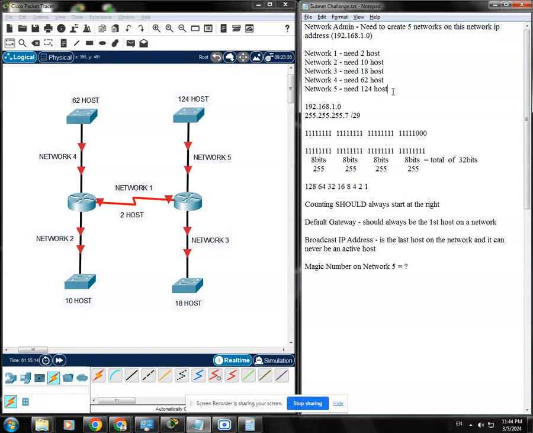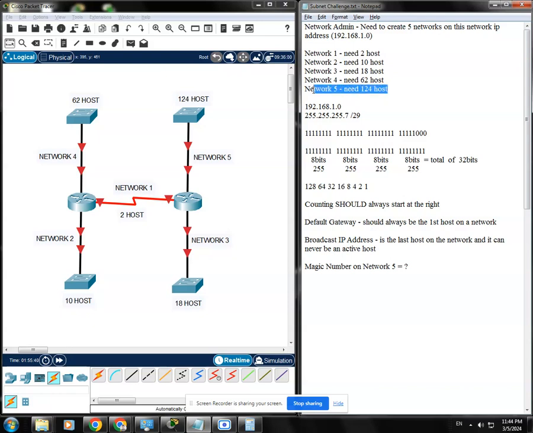So we need to add two additional hosts. Instead of 124, it will become 126, because it is important to include the network IP address and broadcast IP address.